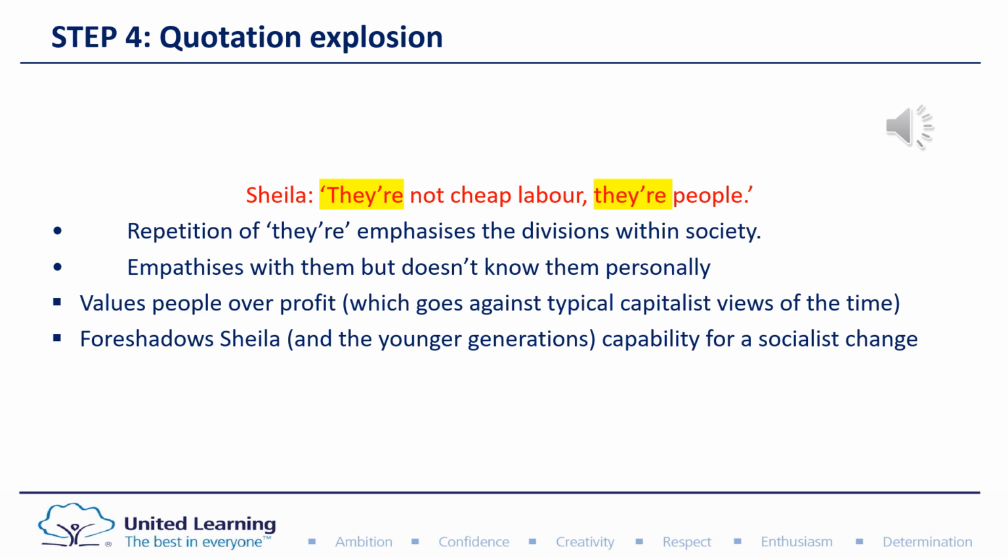However, despite not knowing any of them personally, she empathises with them, and this is shown by the fact that she refers to them as not cheap labour but people, which helps to show that she values people over profit, which goes against typical capitalist views of the time. Perhaps Priestley did this to foreshadow Sheila and the younger generation's capability for a socialist change.